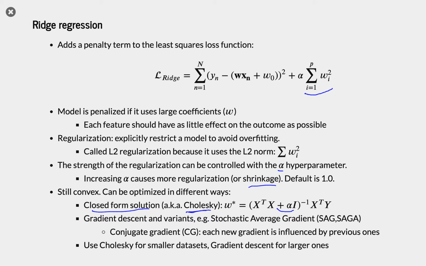We can also use gradient descent. We can use stochastic average gradient descent. We can also use something called conjugate gradients. This is again a variant of gradient descent, which tries to smooth gradient descent by changing each update so that it goes in the same direction as previous updates.